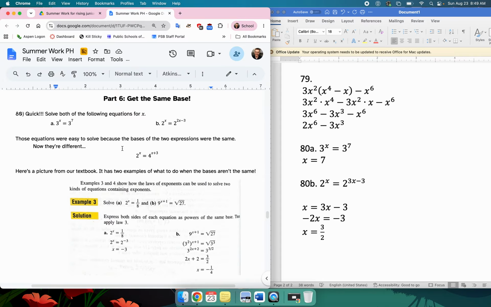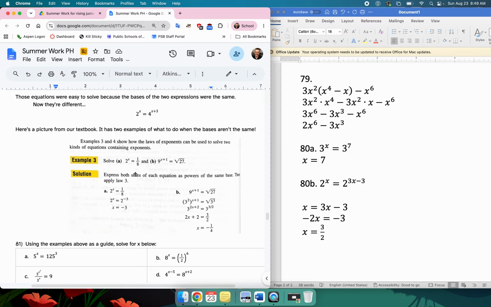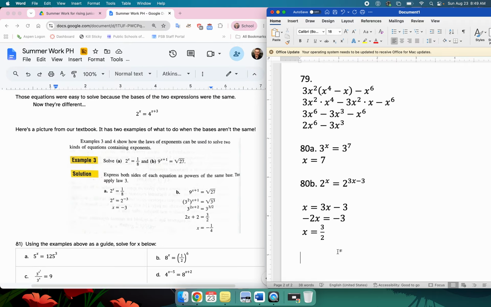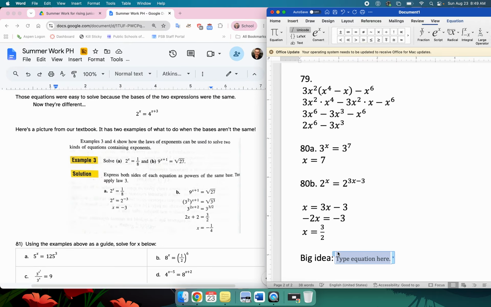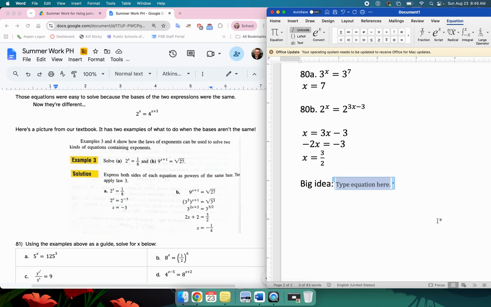Cool. But what we're talking about in these examples is basically the big idea behind these problems, and we'll talk about this during the year as well: if you have a to the b equals a to the c, two exponential expressions where the base, the bottom number, is the same, this actually means that b is equal to c.